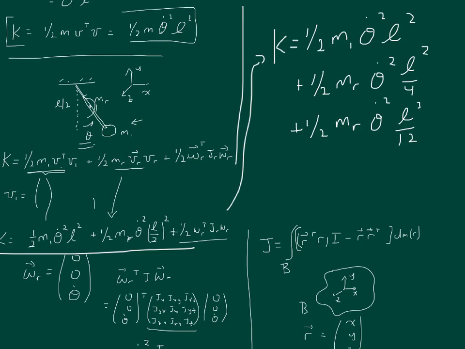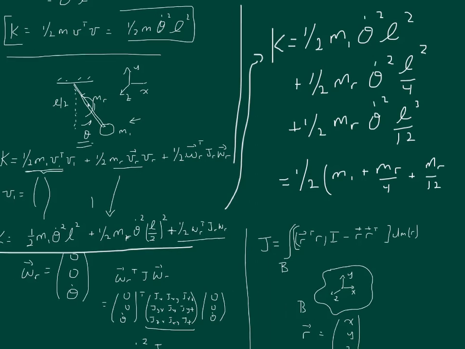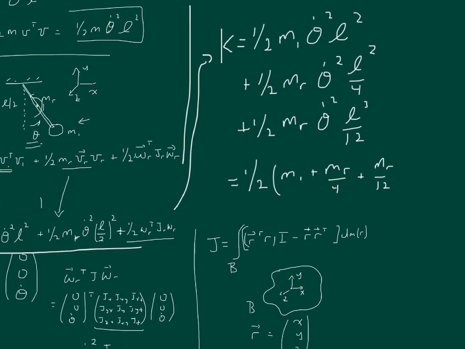So we can combine that into a 1/2, and then we have essentially an effective mass, m1 plus mr over 4 plus mr over 12, times L squared.